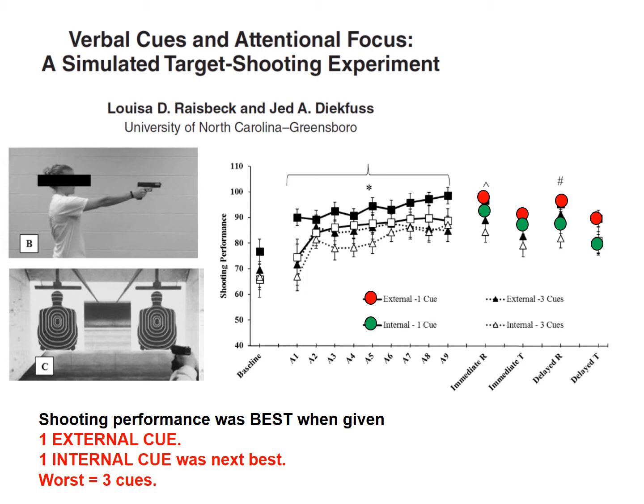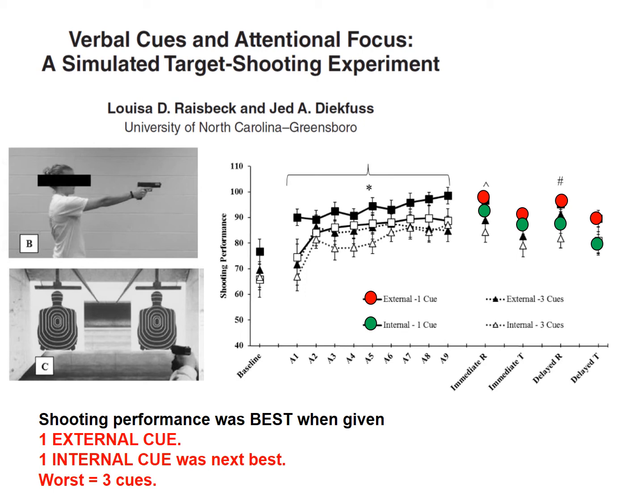The group that performed the best is the ones in the red dots, and that was external focus, 1 cue. So when you shot, I asked you to concentrate on 1 external cue. Hold the gun still. Keep the gun barrel level. Or look at the target.